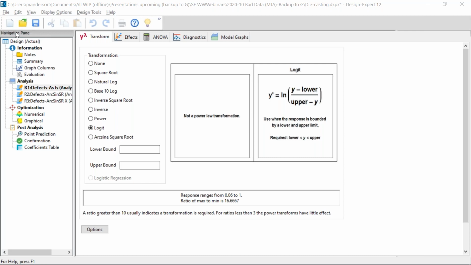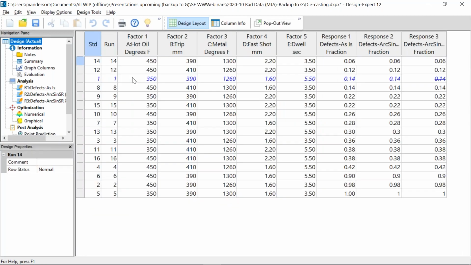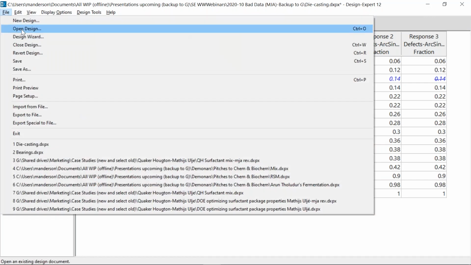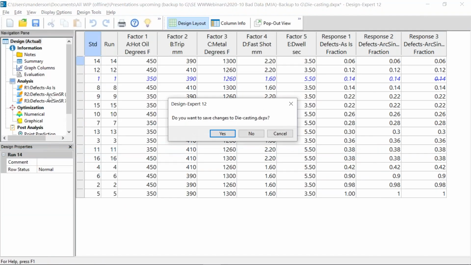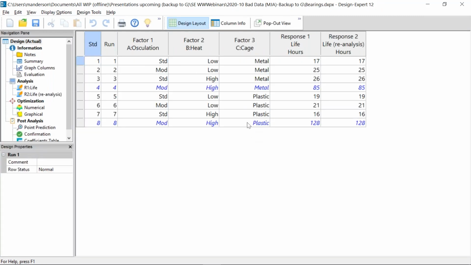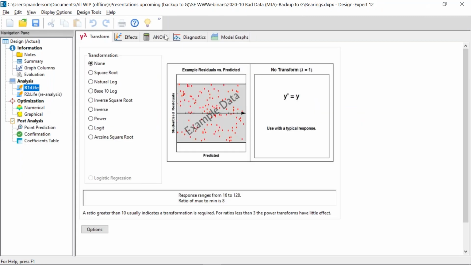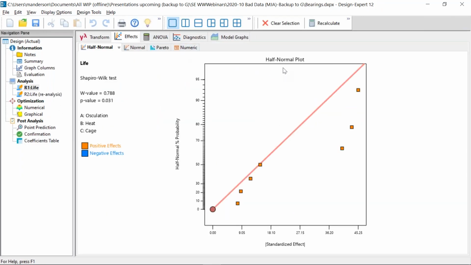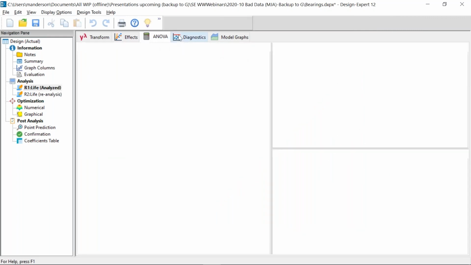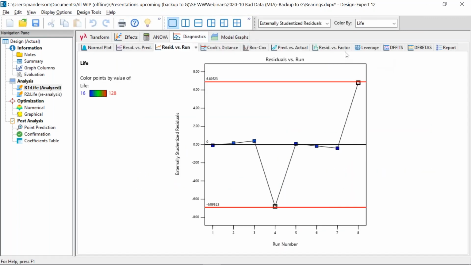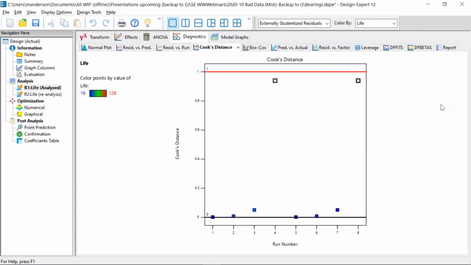In the case of the bearings, if I was really believing that there were outliers, then I would take those outliers and create a view of it using Cook's distance, and see if one of them is a little higher than the other.